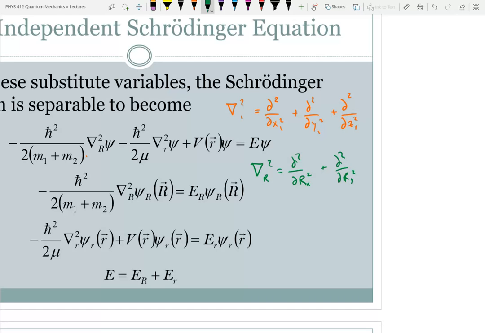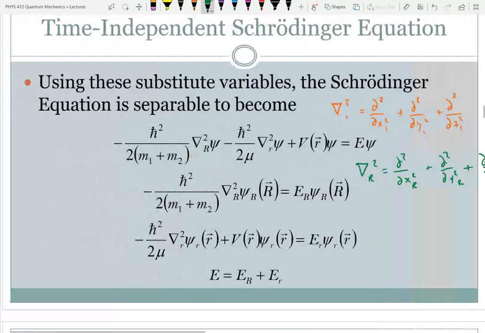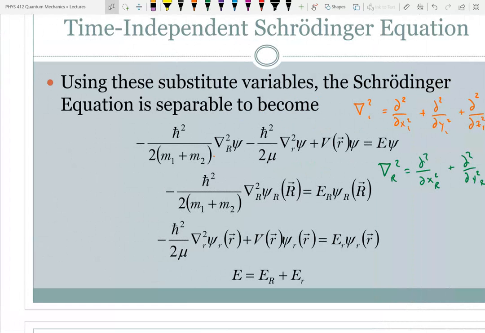So I use Rx and Ry just to indicate it's the X. I guess I could have put it like this. That's what I did before. So it's the X, Y, and Z coordinates for capital R, and likewise for lowercase r. Like I said, I'm not going to do it, because it would take the rest of the class period and then some.